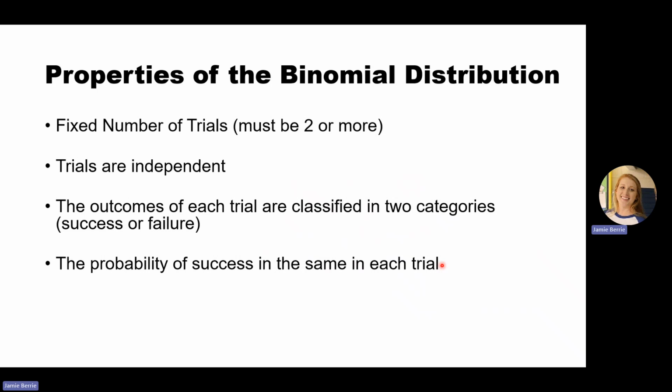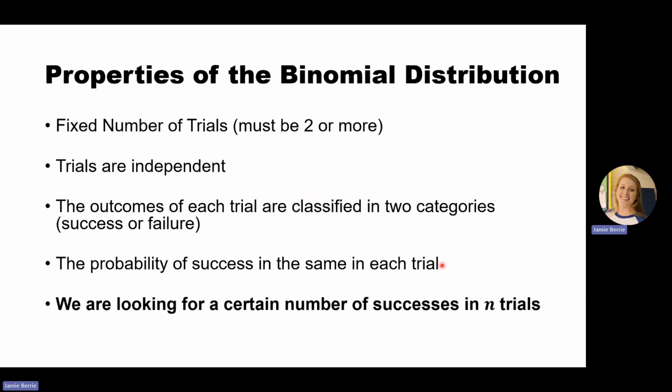Now, the whole thing that we're looking for here with a binomial problem is you're trying to figure out what's the probability of a certain number of successes occurring within those predetermined number of trials. All right, so let's say, what's the probability that the dog catches the Frisbee twice in 5 throws?